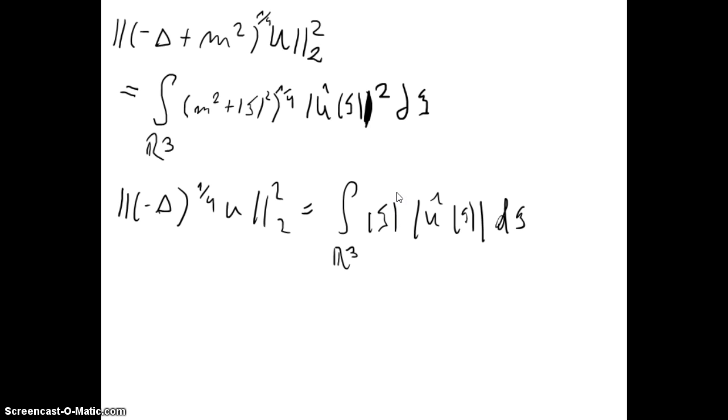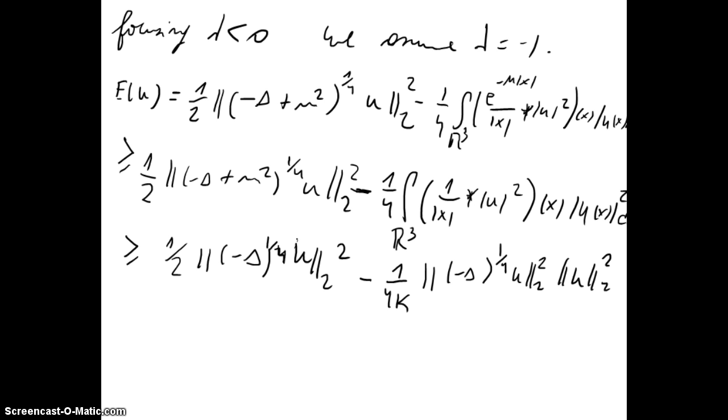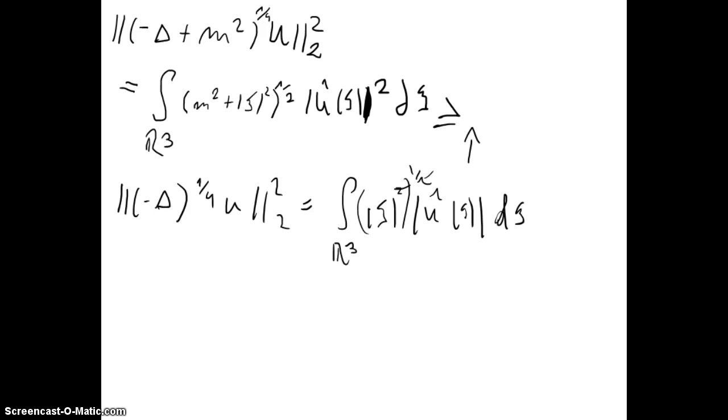This can be written as 1/2. I'm sorry, this is 1/2. You cancel this and you have xi, so you can see that this is greater than this. So we have the first one, and now let's see the other one.